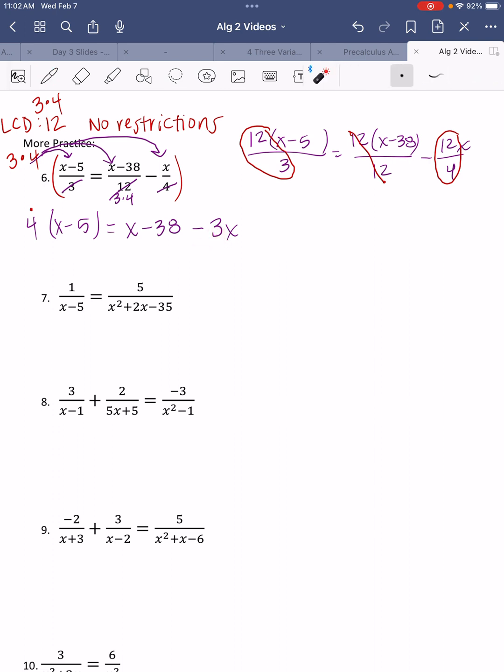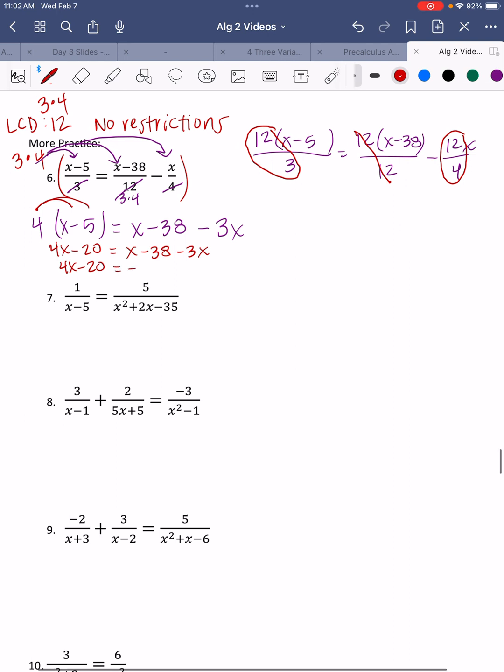Everything from here is an Algebra 1 step. So we want to distribute: 4x minus 20 equals x minus 38 minus 3x. Let's combine like terms. So let's see, negative 2x minus 38.